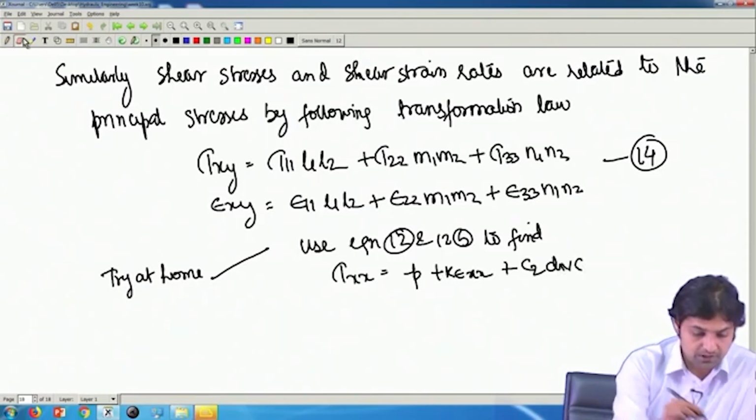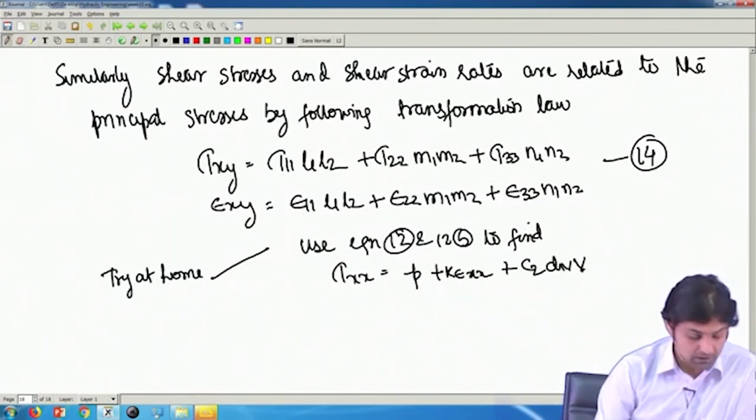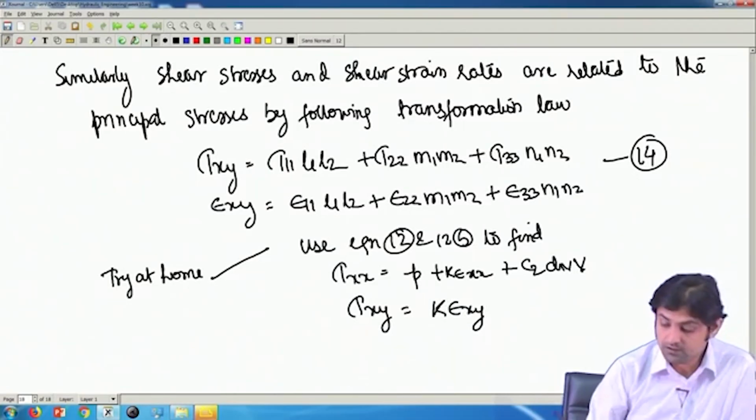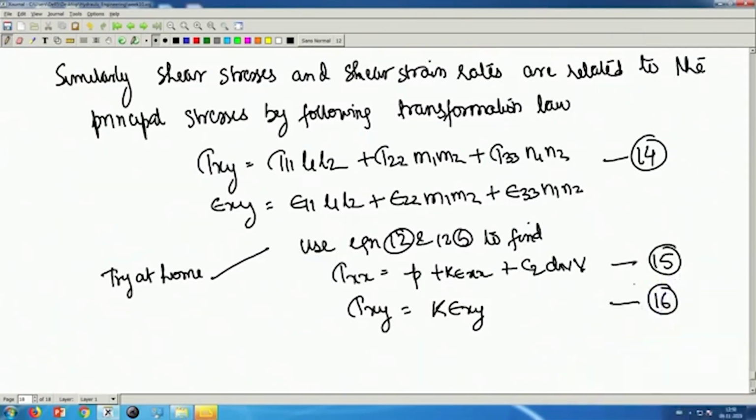Try to prove that. Okay. And secondly, tau xy is equal to k epsilon xy. All right. So, this is equation number 15 and this is equation number 16.